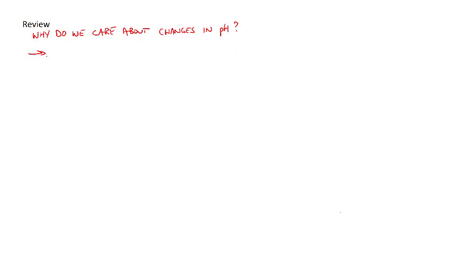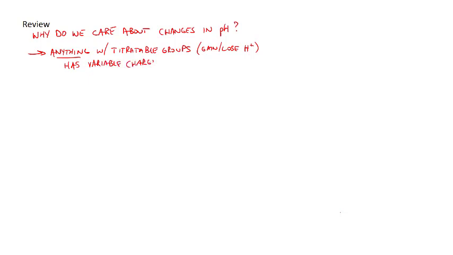Well, the answer to that has to do with the fact that anything with titratable groups, so that means anything that can gain or lose a proton, has a variable charge at different pH values.